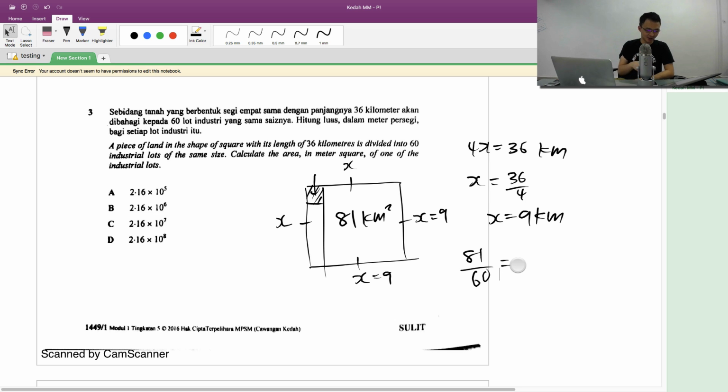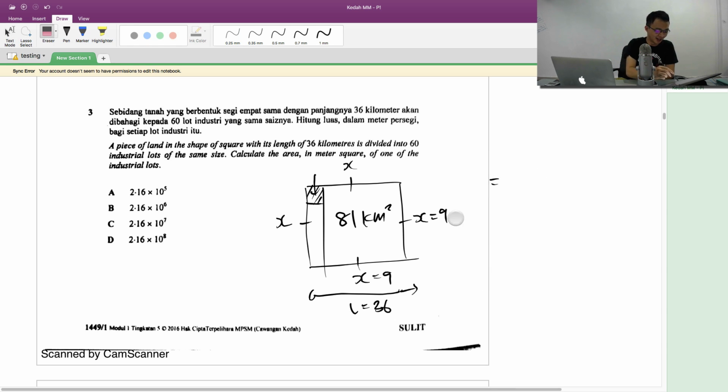I guess this question is not so complicated. The length here stands for 36, and since I couldn't get the answer, I will try the other method. So x maybe is not 9. X itself is 36.